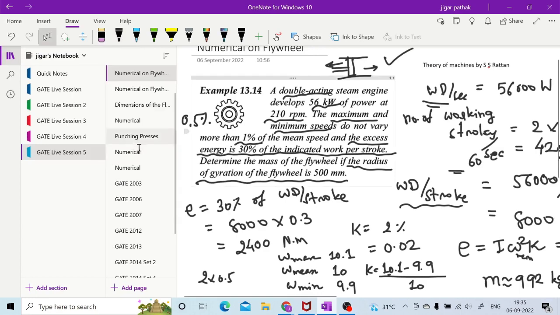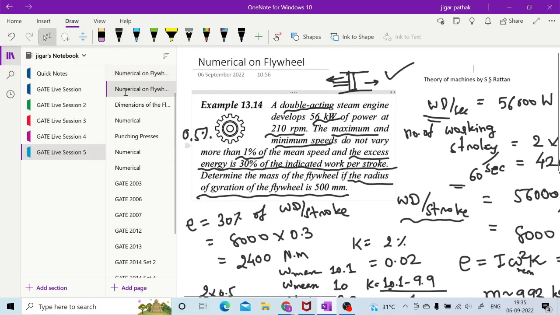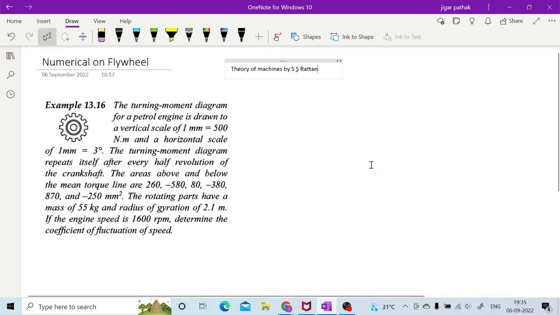So now let us go to the next one. Here let us read out the problem. The turning moment diagram for a petrol engine is drawn to a vertical scale of 1 mm equal to 500 Newton meter and a horizontal scale of 1 mm equal to 3 degrees. The turning moment diagram repeats itself after every half revolution of the crankshaft.